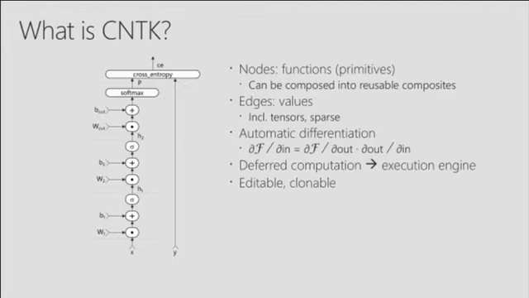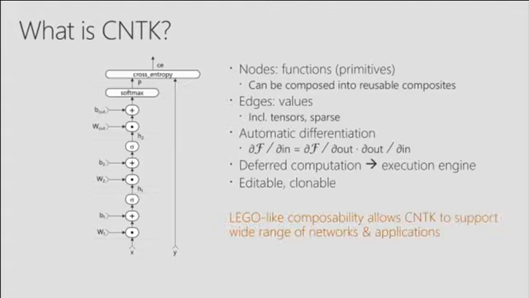The graph is editable and clonable, and you can think of it like Lego. You can take some of these functions out, replace them with something else, and build a new graph. So this composability really allows CNTK to support a wide range of networks and applications.